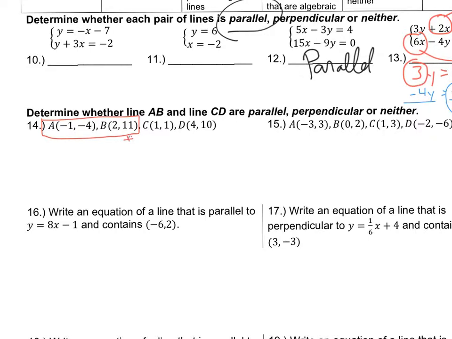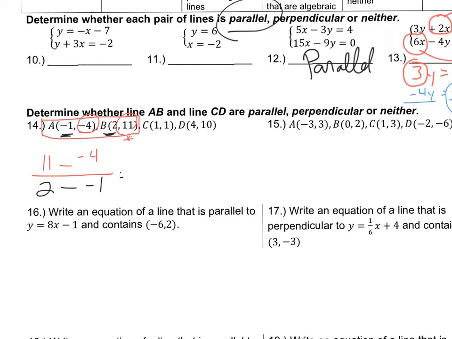So that y value is 11. I subtract the matching y value from the A, the 11 and the negative 4, and that will be over the x values. Now I started with my 11 from point B. I have to start with my 2 from point B, and I'm subtracting the negative 1 from the first portion.